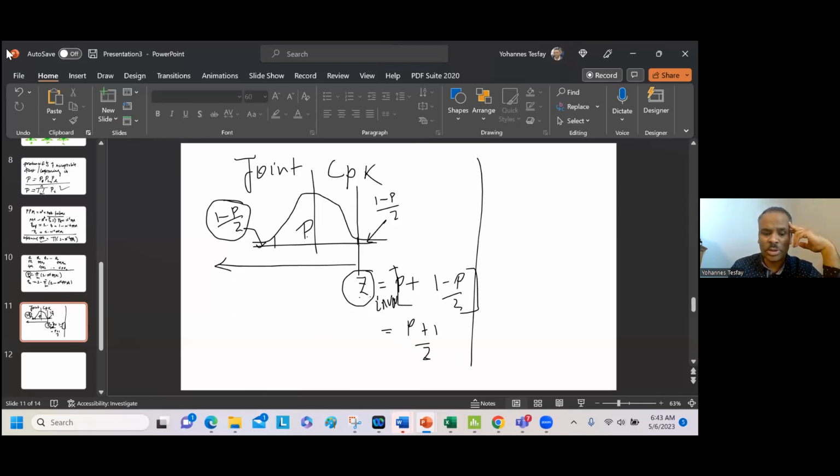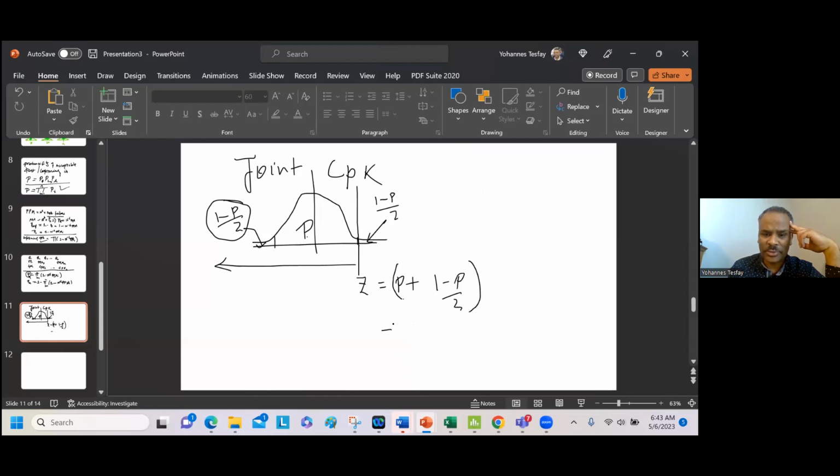So let me write it again. This is a probability, but to get Z, you should take the inverse, isn't it?